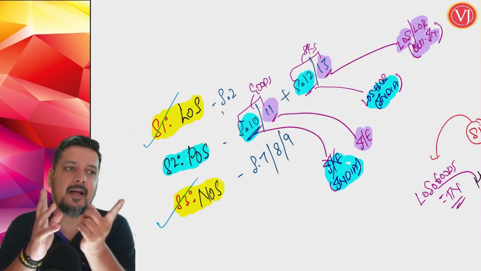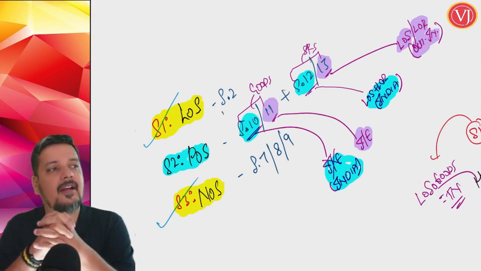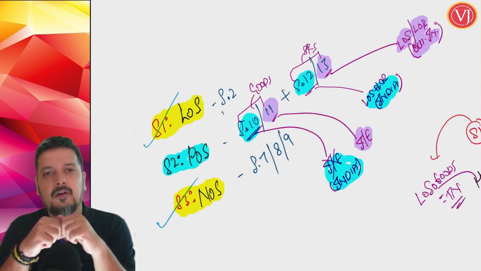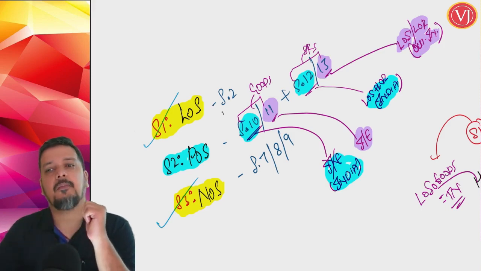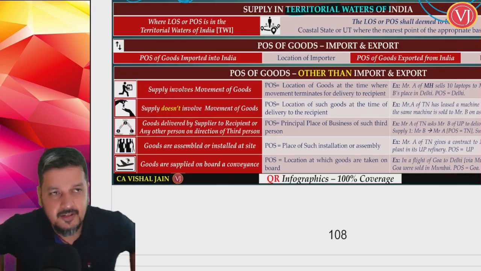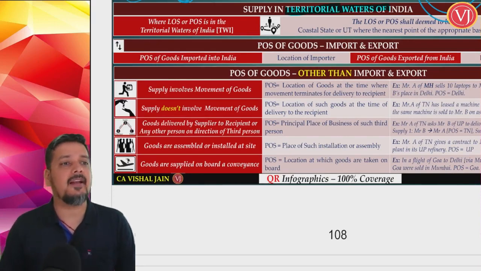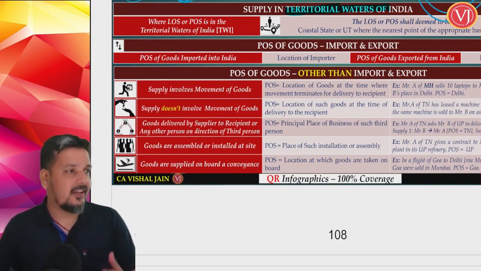Either location of supplier or location of recipient is outside India. Either or. International transaction. So that is the outline of your 3rd step, which is place of supply. Section 10 is place of supply for goods other than import and export. In simple language, place of supply for goods, domestic transactions.